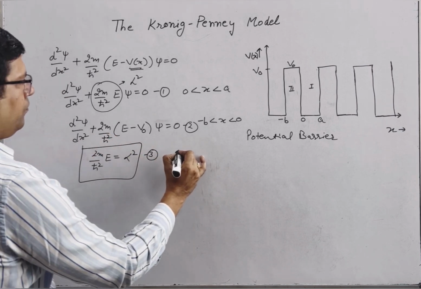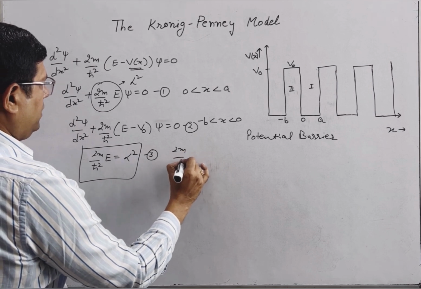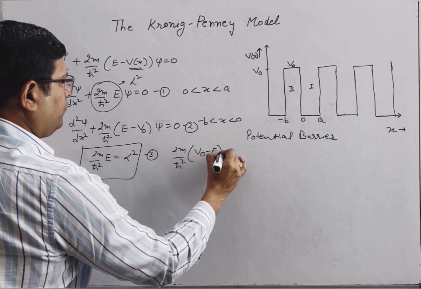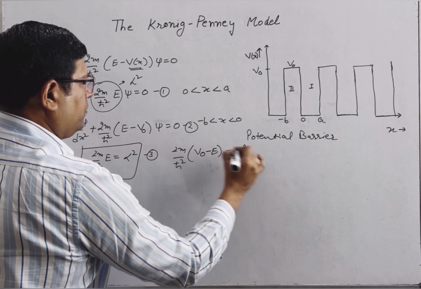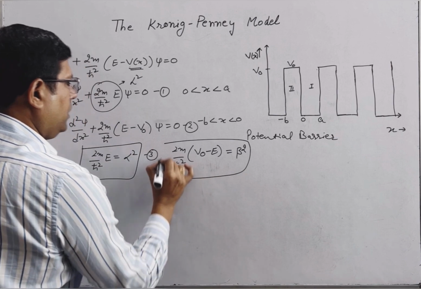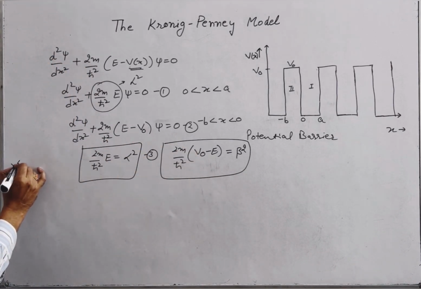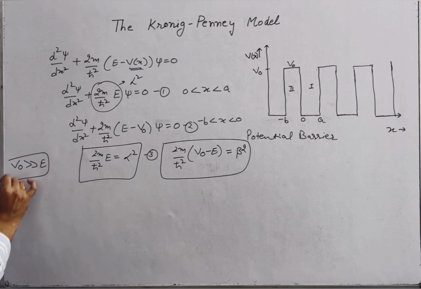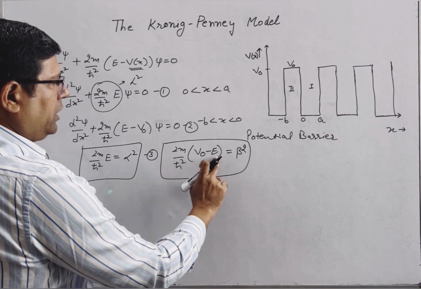And from here, 2m upon h cut square into V0 minus E is beta square. In this term, we have assumed that V0 is very much greater than E. So, we have taken 2m upon h cut square into V0 minus E as beta square.